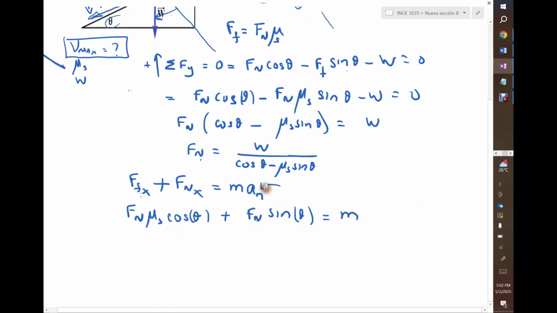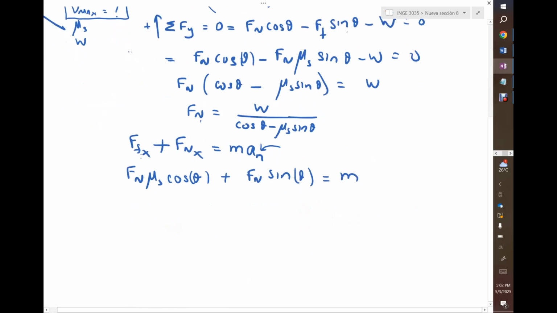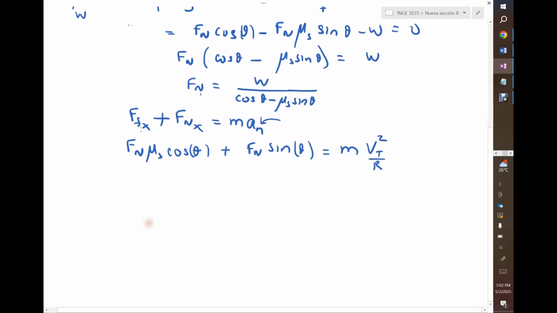Now, what is normal acceleration in terms of tangential velocity on the car? That would be bt squared over r. So Fn is a factor here, we can take that Fn out, and eventually we end up with mu s cosine of theta plus sine of theta equal m bt squared over r.